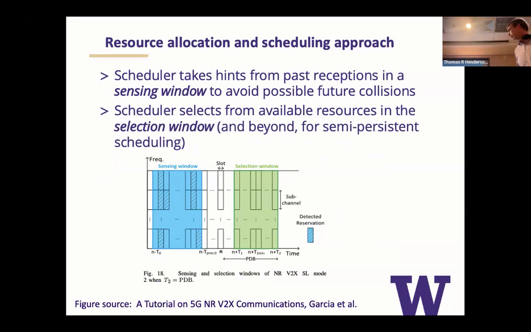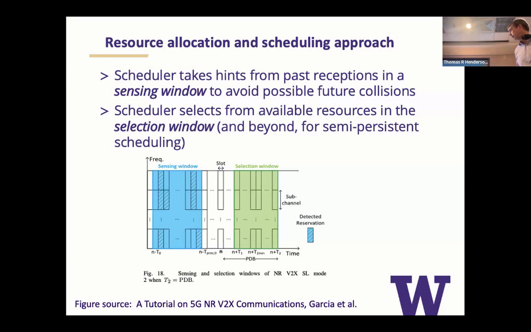So again, I have a time frequency layout here. And consider that we're at time n on this diagram. And there needs to be a scheduling operation done for a packet that's just come in. Future resources are depicted here on the right, and what's happened in the past is depicted here on the left in blue.